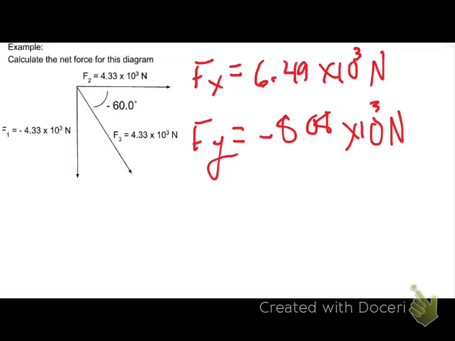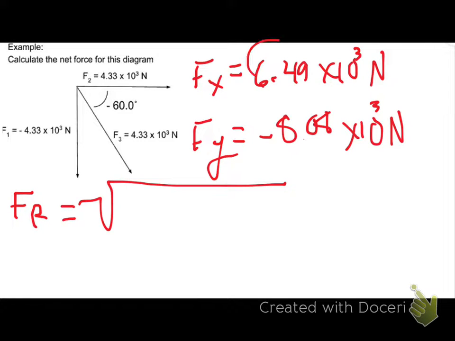You may have rounded slightly differently than I or the book did. And then we can use the Pythagorean theorem, so the resultant force is going to be equal to the square root of this number here, which I'm just going to call Fx squared.